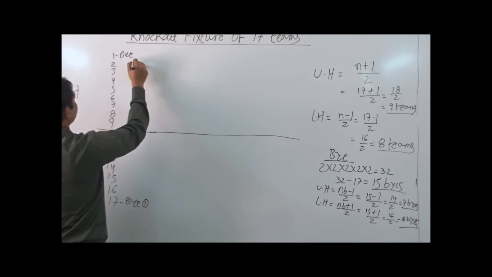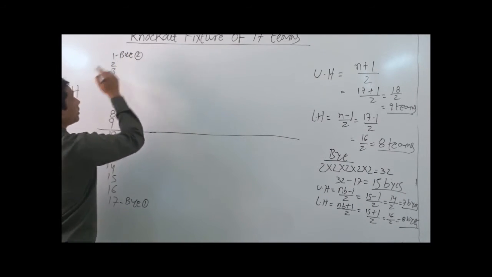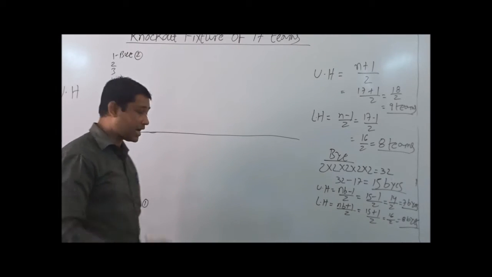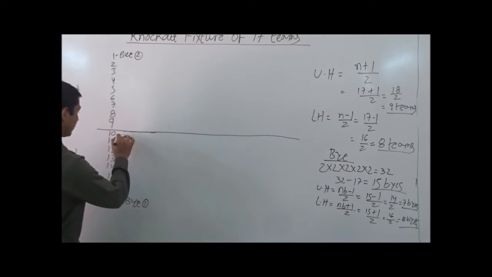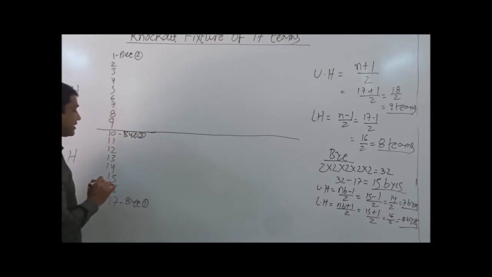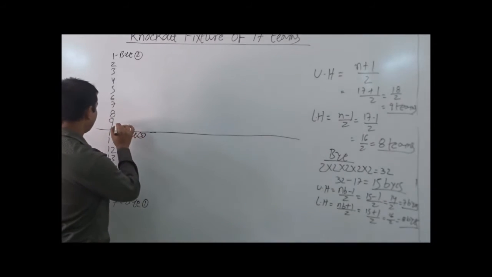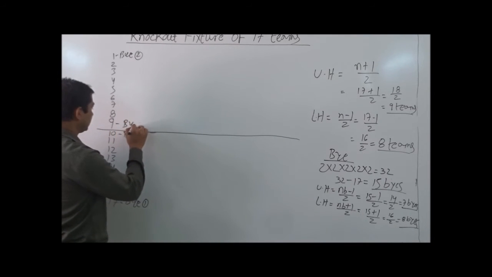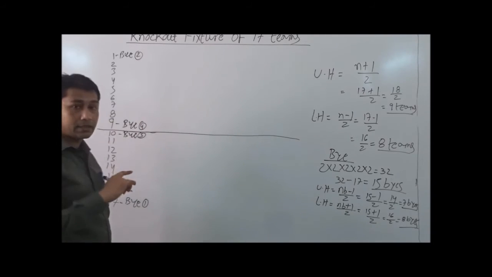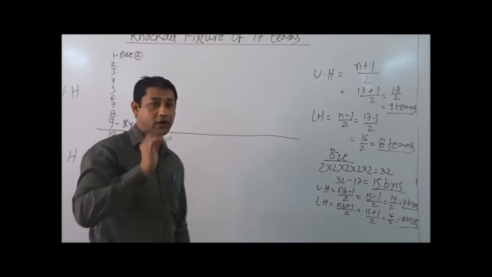Second bye is given to the first team of upper half. Third bye is given to the first team of lower half. Fourth bye is given to the last team of upper half.